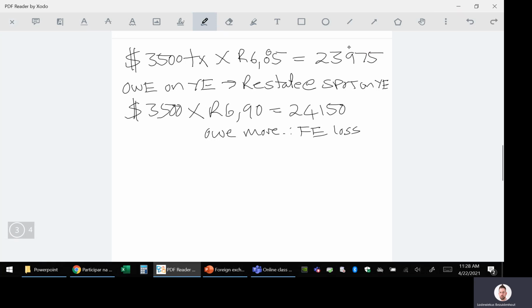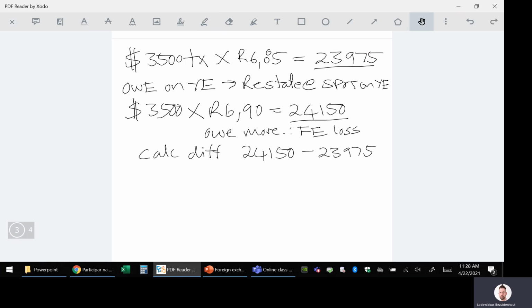All right, it was 23,975. On year end, we should show the creditor at 24,150. Remember, the 23,975 is already there. So what is the adjustment we need to do? We need to calculate the difference between what it should be on year end less that 23,975 original amount.